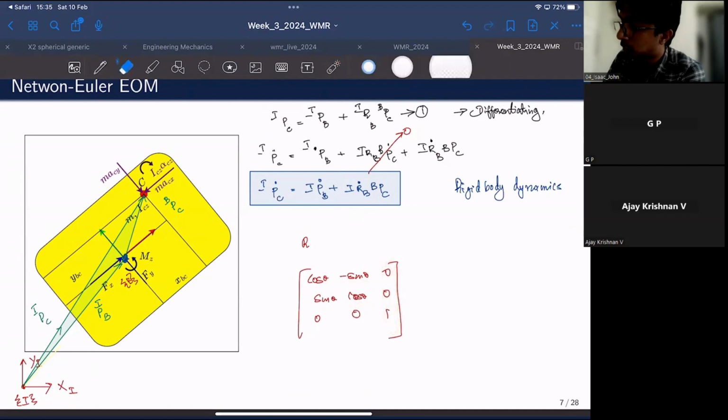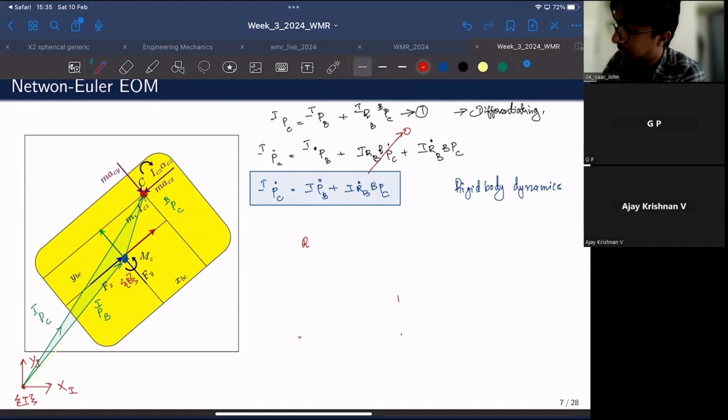Since it is an orthonormal matrix, you can always write R multiplied by R transpose is the identity matrix, because R transpose and R inverse are essentially the same. So you can write it in this way.